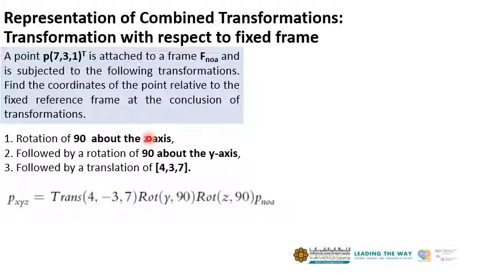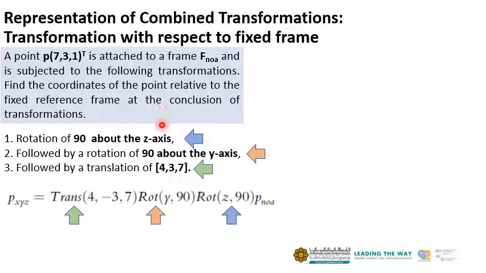As you know, matrix multiplication does not commute, so how you put the matrix order will give a different answer. For this case, you have to reverse the order of transformation. So your last transformation comes first in the multiplication, followed by the second one, and then the first one.